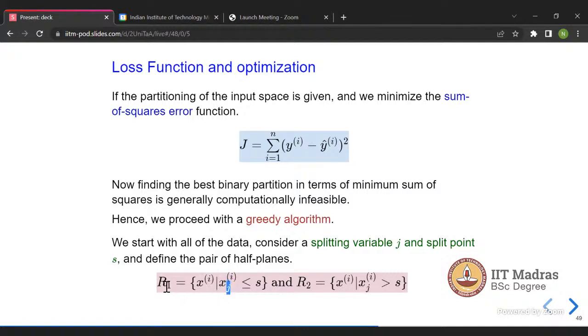It will split into 2 nodes, R1 and R2. In R1 are those examples where xj is less than s, and the right node will have all examples where xj, that is the jth feature, is greater than s, right? So we have to find this s and this j.